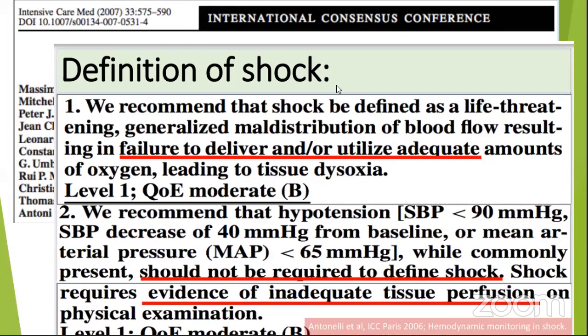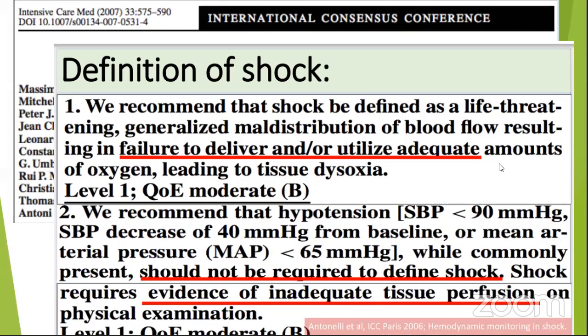Before going to shock, there are predictors, like the patient referred to or from the ER or from the ward. First, you have to check the quick SOFA, which has parameters including decreased systolic blood pressure less than 100, and altered level of consciousness, which is usually secondary to hypoperfusion.